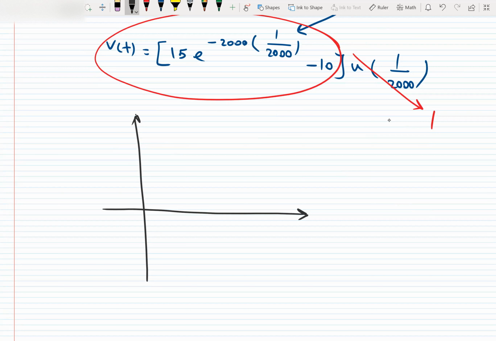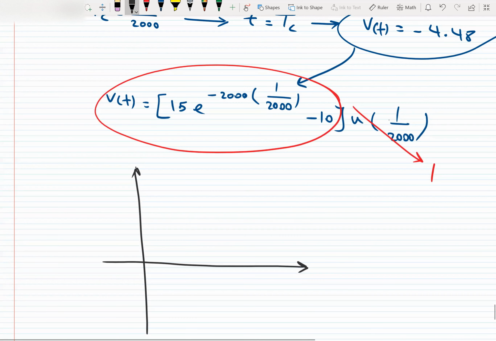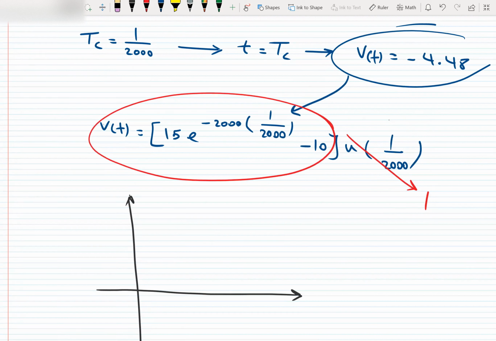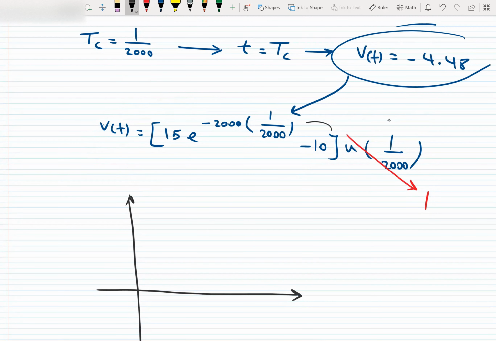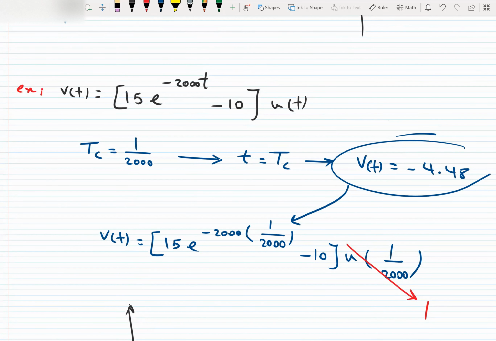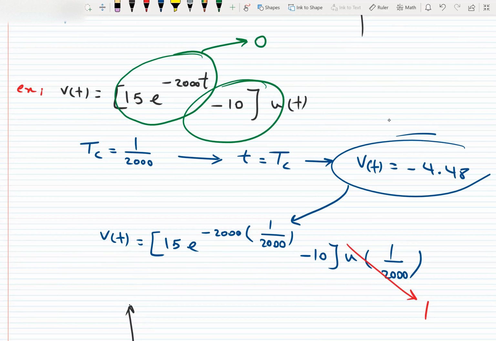Now we sketch this signal. The minimum value of the signal at 5 tc will be equal to negative 10, because at 5 tc, the exponential term of the signal will practically be equal to 0, and the total value of the signal will be equal to negative 10.